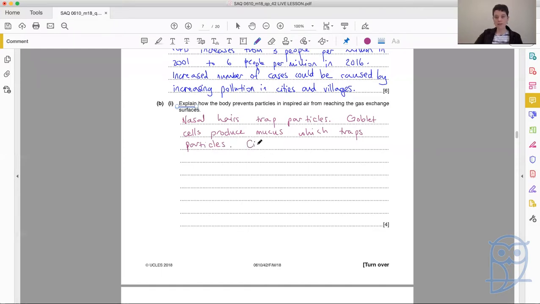So cilia move the mucus with its trapped particles towards the throat, and therefore away from the gas exchange surfaces.